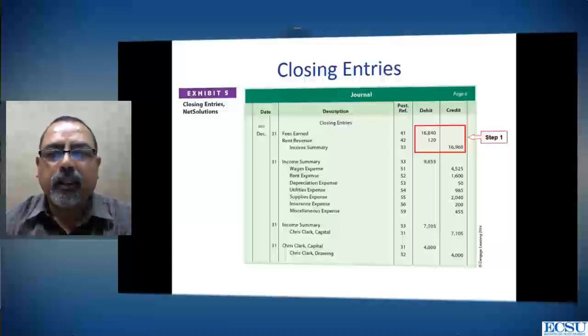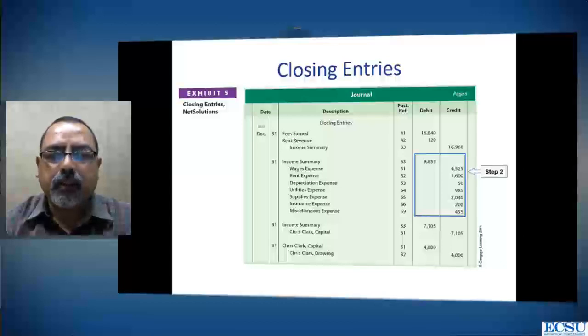So you can see that was part of step number one: debit the revenues, credit the income summary. Step number two, debit the income summary and credit the expenses individually. And then since the income summary has a net income, we'll be debiting the income summary and crediting the capital account.